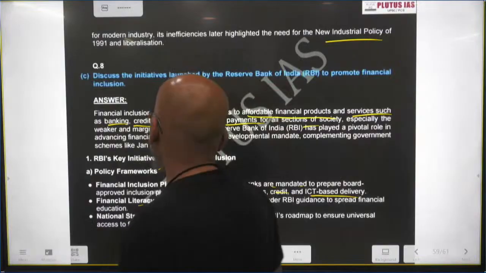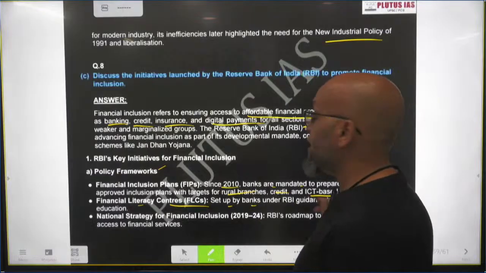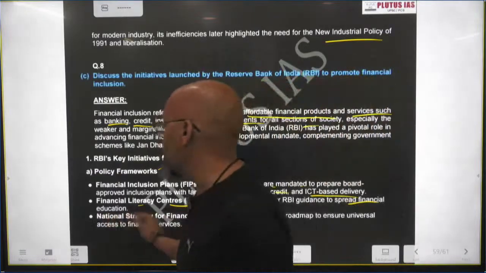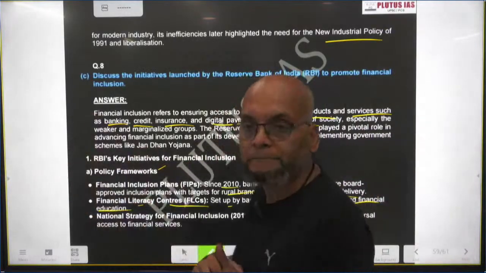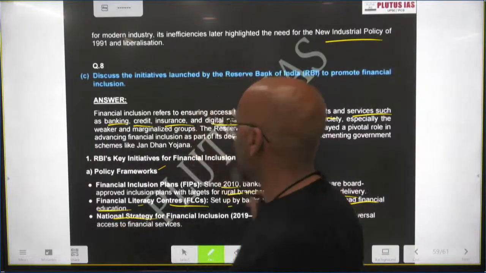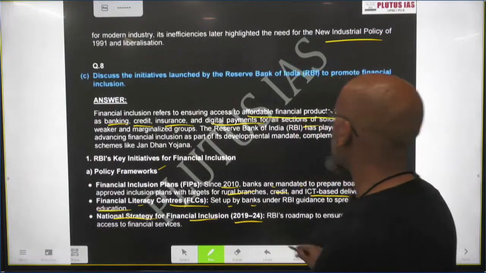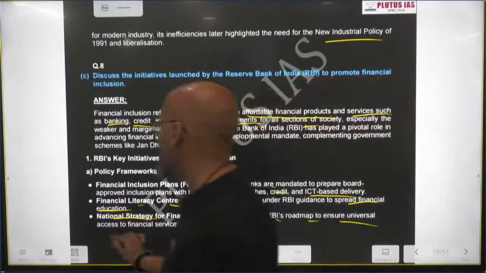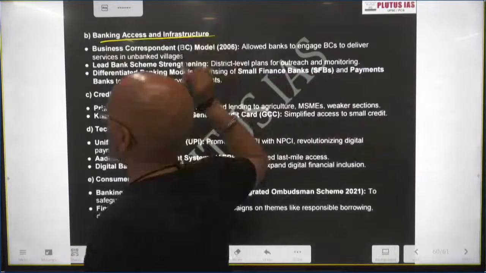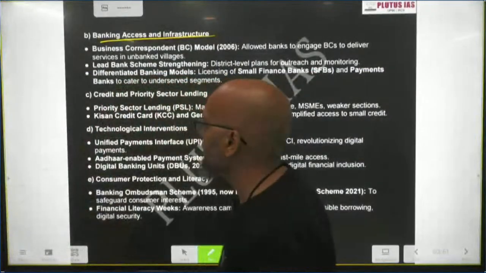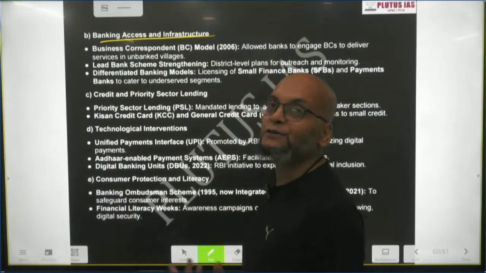Financial literacy centers, FLCs, are set up by banks under RBI guidelines in rural areas to spread financial education, to teach people that you can open an account in a bank, you can take a loan from a bank. National Strategy for Financial Inclusion 2019 to 2024: RBI's roadmap to ensure universal access to financial services. Banking access and infrastructure, so everyone can have access to a bank. So all these are steps that RBI is taking from 2000. We do not know of it.